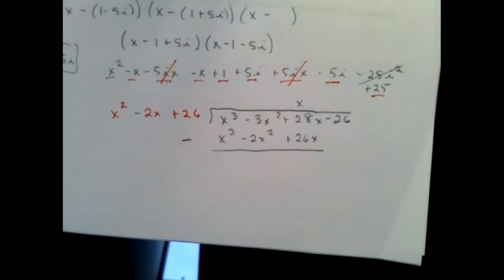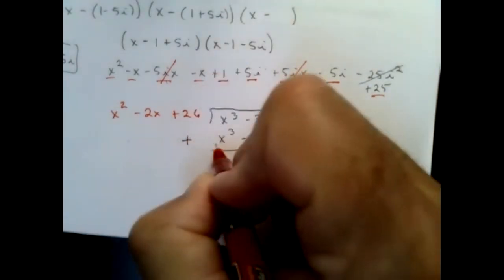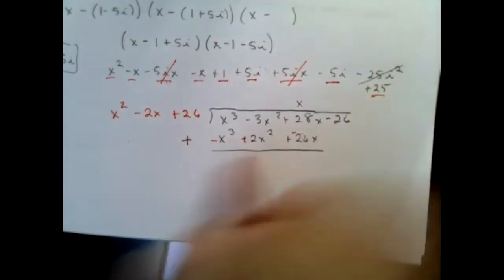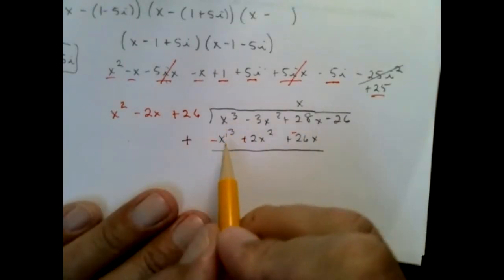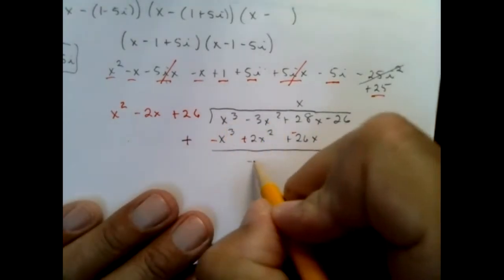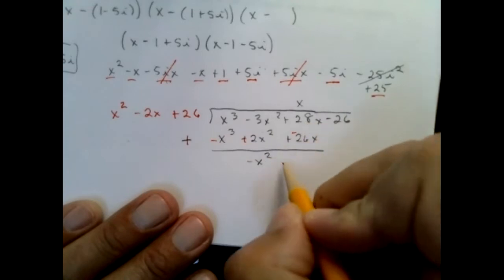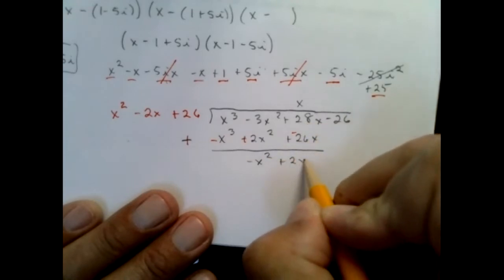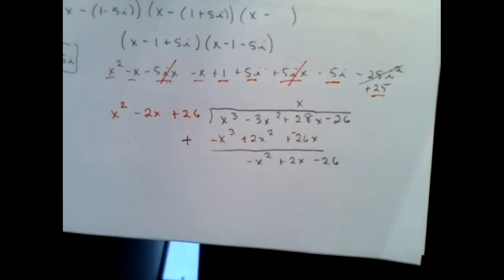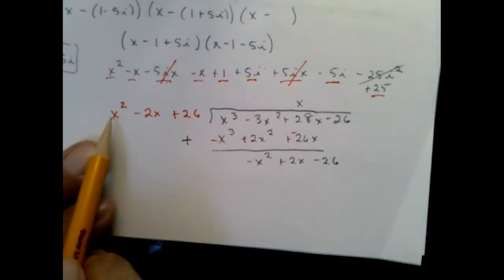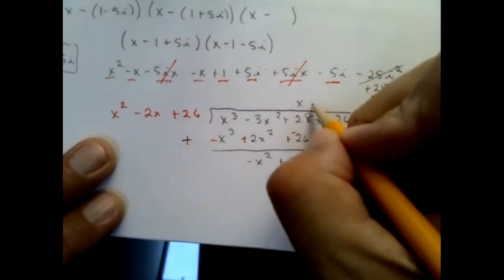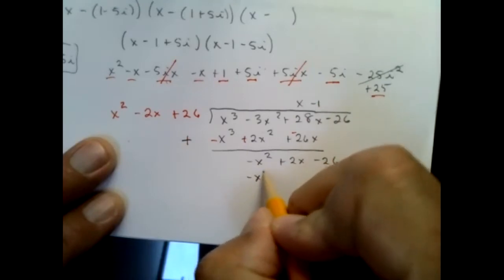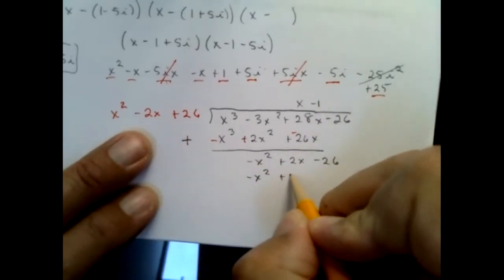Subtract is the same as add the opposite. Negative x squared plus 2x minus 26. What times x squared gives me negative x squared? That's negative 1. Negative x squared plus 2x.